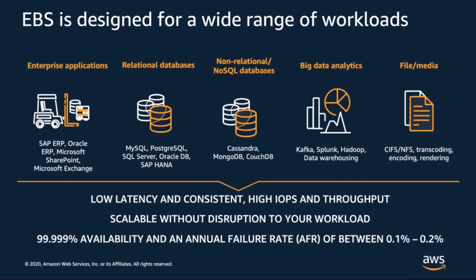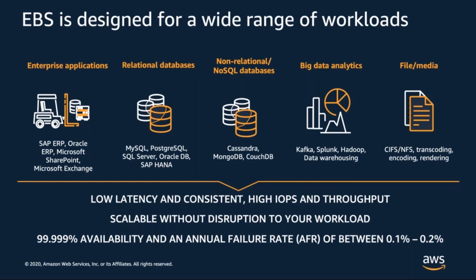Building on EBS offers the flexibility to choose any instance and any volume type that meet your workload requirements. In addition to that, EBS is also used for big data workloads and streaming workloads like Kafka and Splunk, Hadoop, and data warehousing applications. File systems built on top of EBS volumes can also serve your media encoding, transcoding, and rendering workloads.